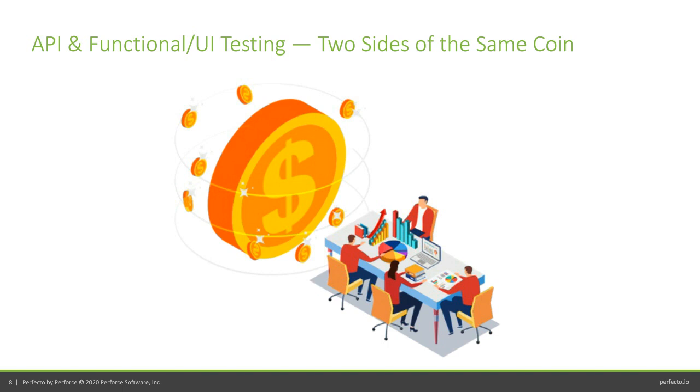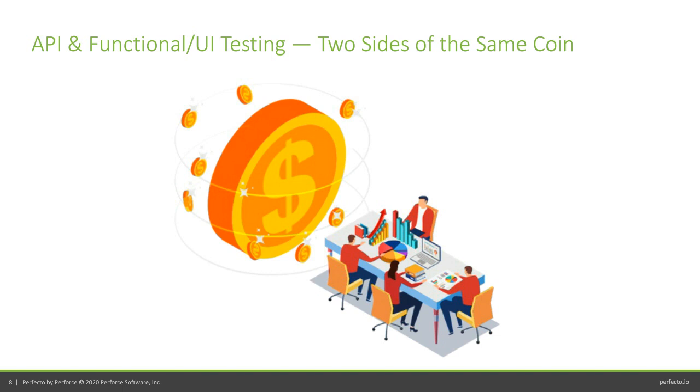But on the other hand, each and every API that is associated with any object or button that we have on the screen is a complementary aspect of that. And we see today among the Perfecto customers that each and every testing team is conducting both of these hand in hand, to make sure that everything is aligned with the expectations and the KPIs that are set for the app.